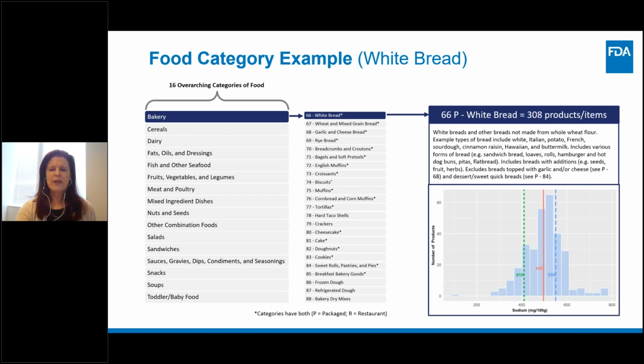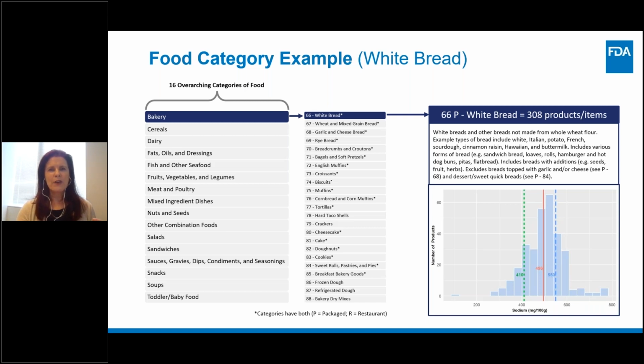What you're looking at below in the bar chart is 308 products in that particular category. The red line showed the baseline, or the average for the entire category in 2010. What we're looking to get to by April 2024 is the green line, that we're hoping to shift the whole category to the left, and that no one product would exceed the blue dotted line, which is the upper bound level.